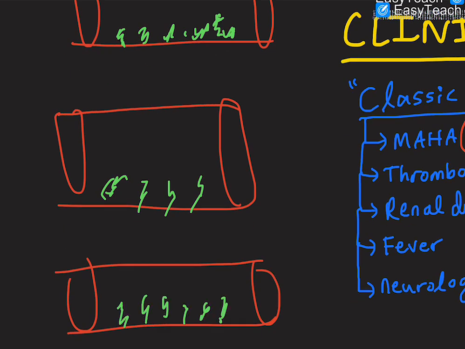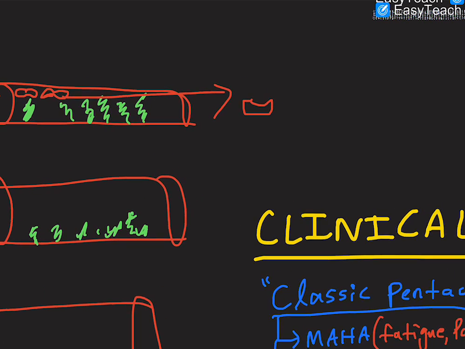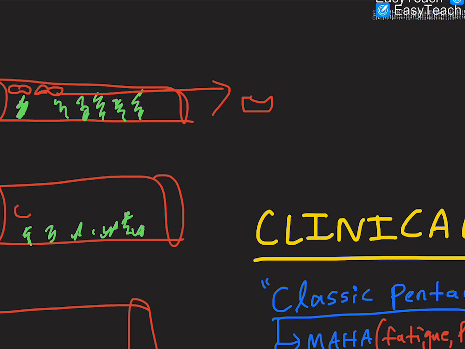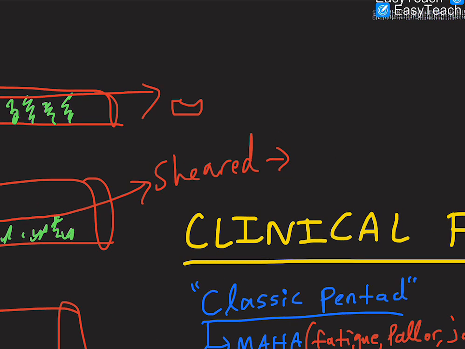Now, what happens is because you form all these microthrombi, when red blood cells go past these microthrombi, they get sheared and turn into schistocytes. So again, red blood cells are going by and they get sheared and turn into schistocytes, which, if you do a peripheral blood smear, you'll see as helmet cells.